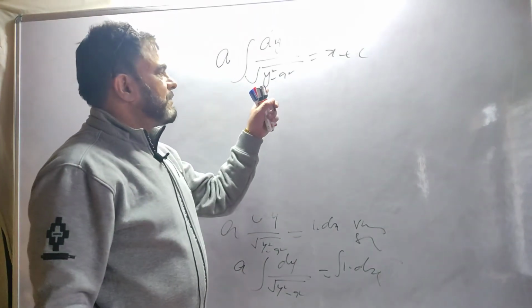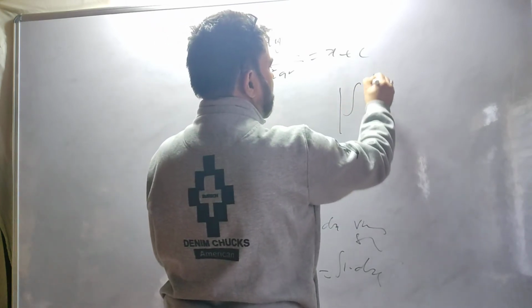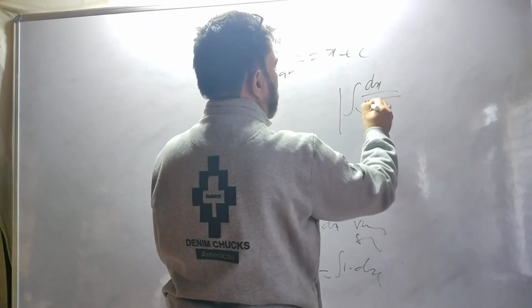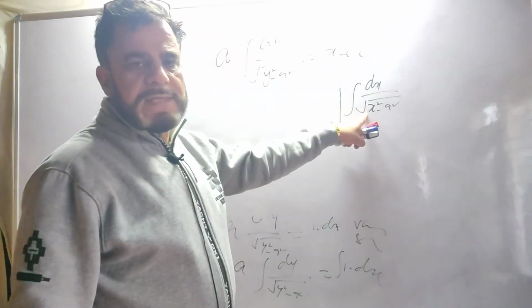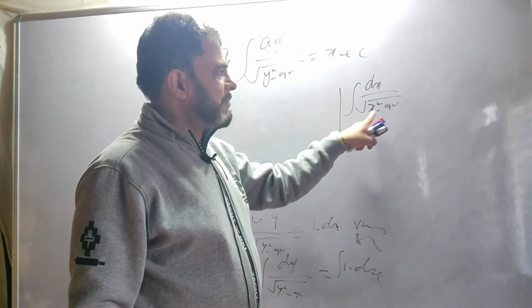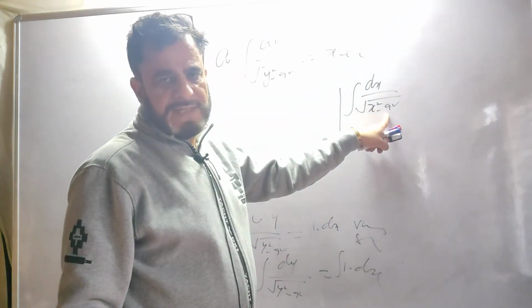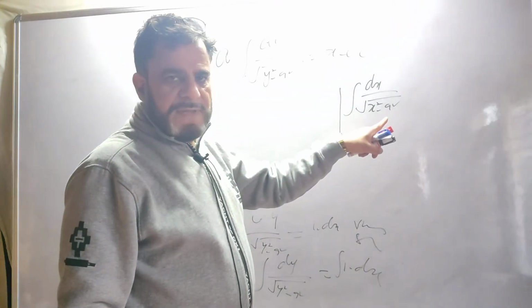It is now this form. You know what is integral of dx by under root of x square minus a square. It has three forms. One is dx by under root of a square minus x square, you know, that is sine inverse x by a, or minus cos inverse x by a.